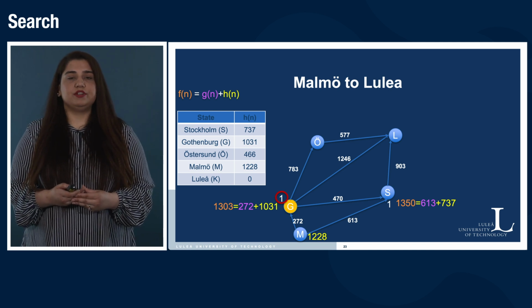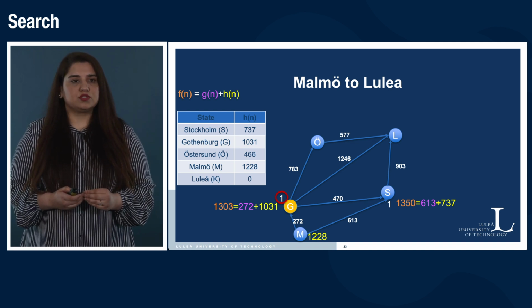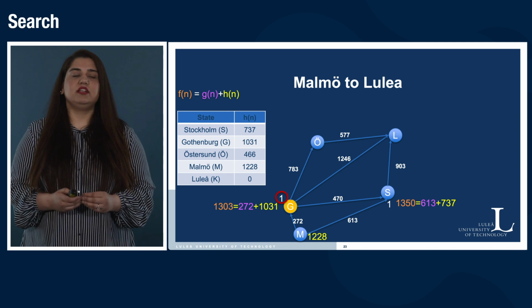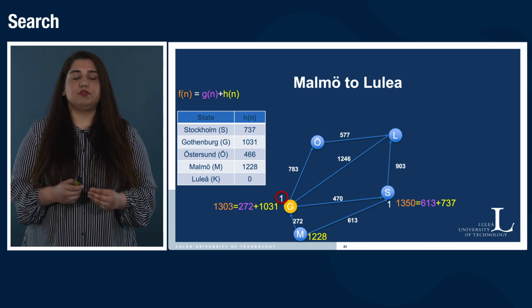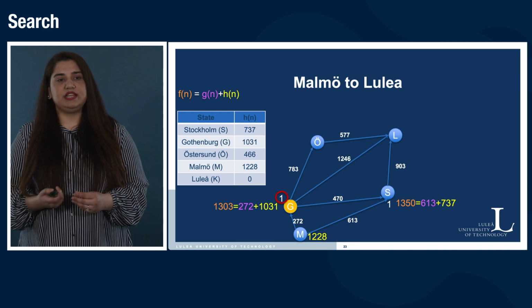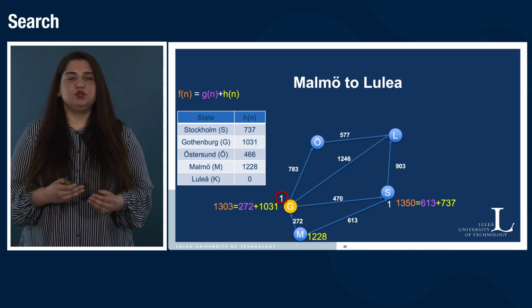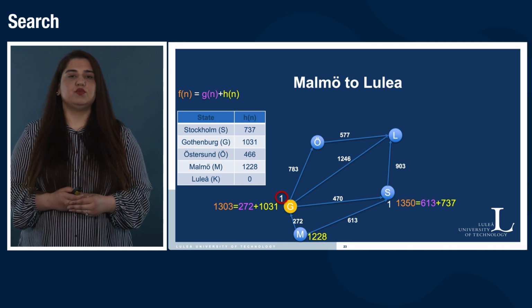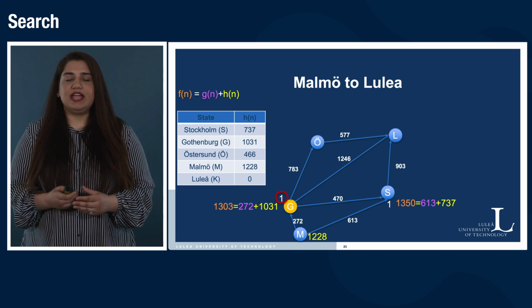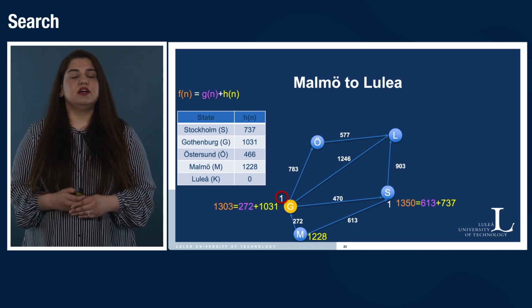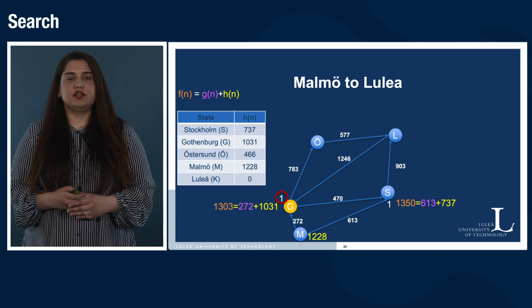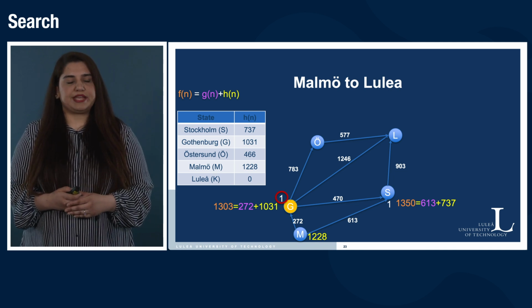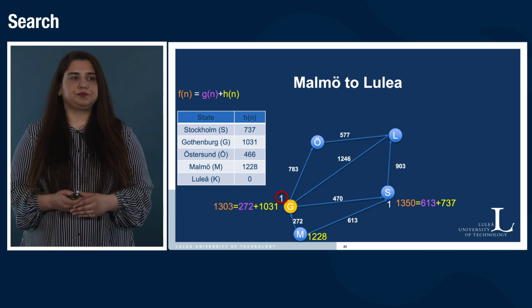And then we have different numeric values on the edges as well. These are costs as well, which are to be taken from covering one node and then moving on to the next node. So we add both of these costs and then we compute which path to take. Here you can see our algorithm is a little more intelligent and it can decide much better which search path to take in order to achieve the goal.